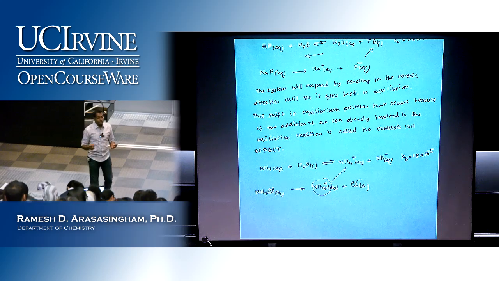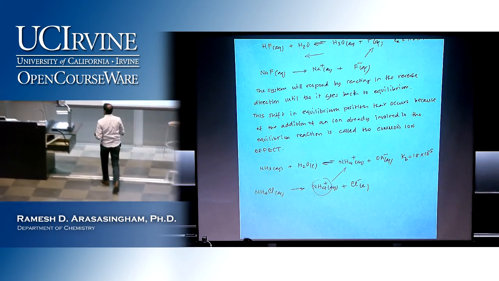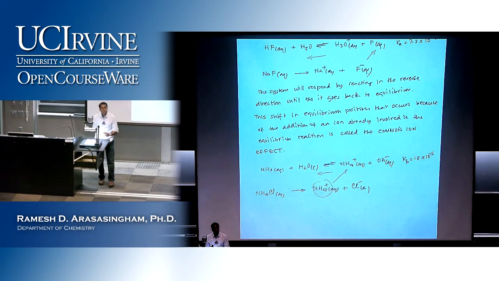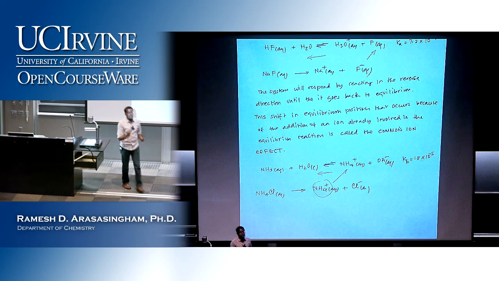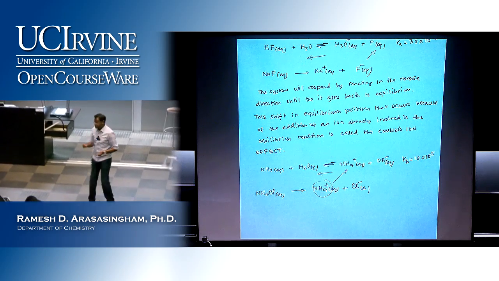And what is my stress? Too much NH4+. And if the NH4+ has gone up, that means the system is going to respond by proceeding in the reverse direction. So the reaction will shift towards reactants.